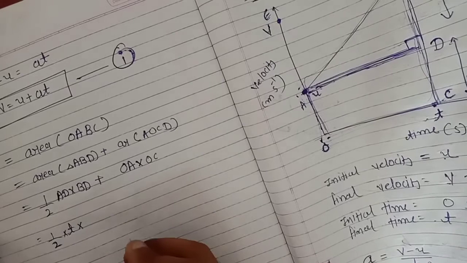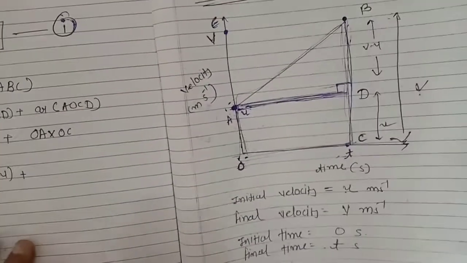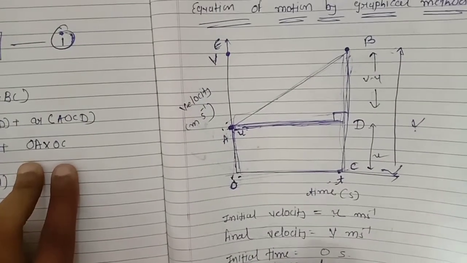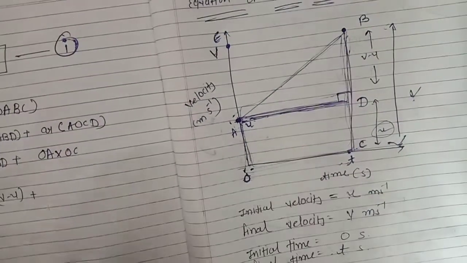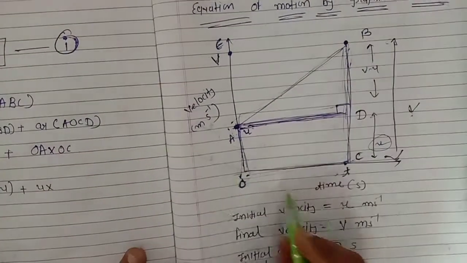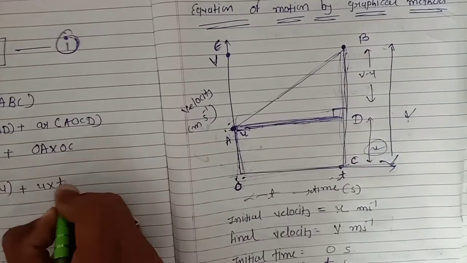So it is 1/2 t into V minus u plus OA into OC. OA means u, and OC means time t. I write time t here.